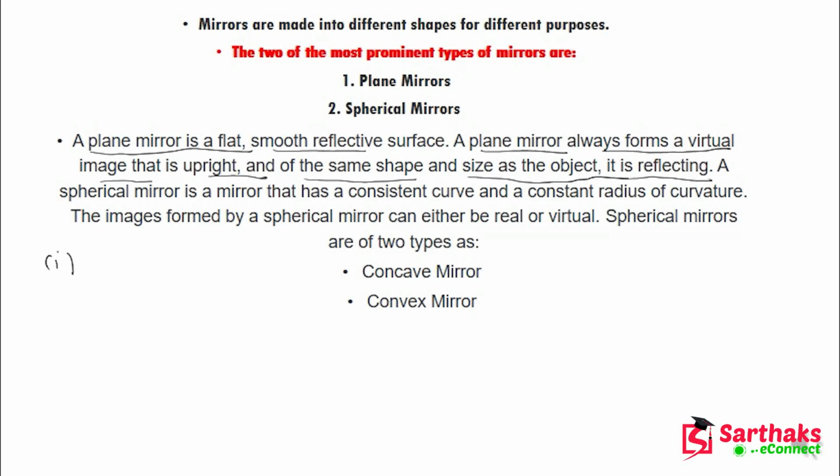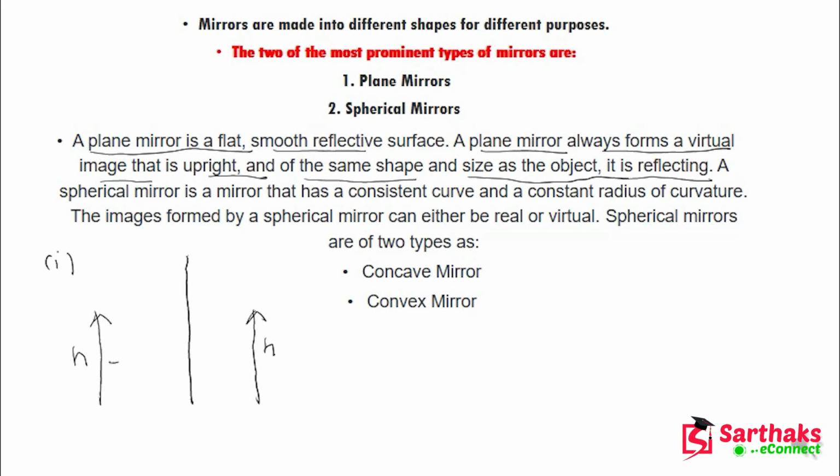For example, let's suppose this is your plane mirror, and this is you standing here, and this is your image. If your height is h, then the height of the image will also be h.